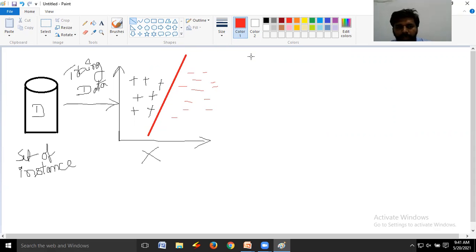This line is separating positive instances as well as negative instances, right? This kind of representation uses planes and lines to separate positive and negative instances on the instance space. Here these are linearly separable.